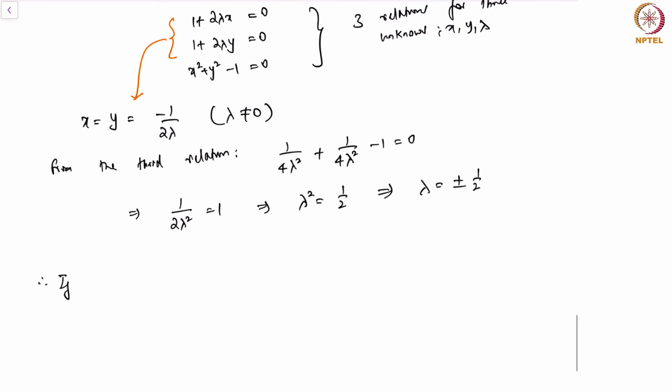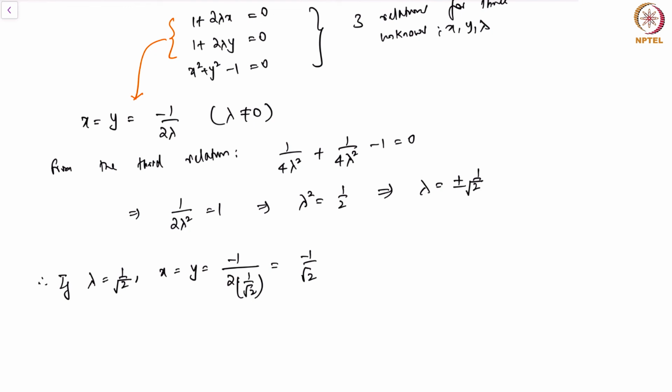Therefore if lambda is plus 1 by root 2, then x is equal to y is equal to minus 1 by 2 times lambda, and that simply gives me minus 1 by root 2.